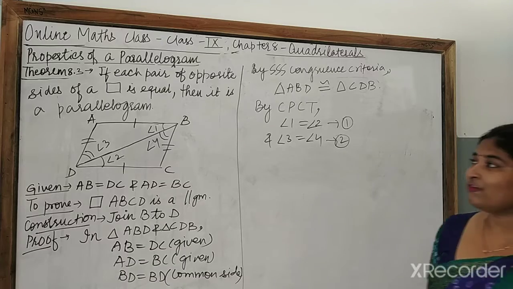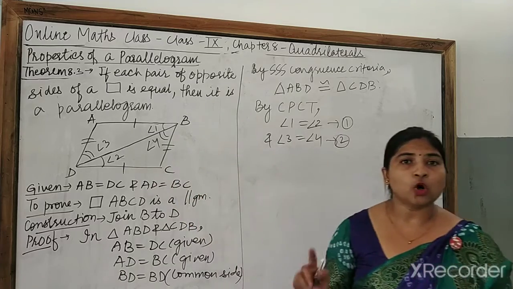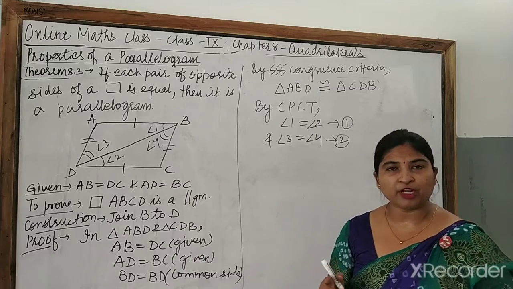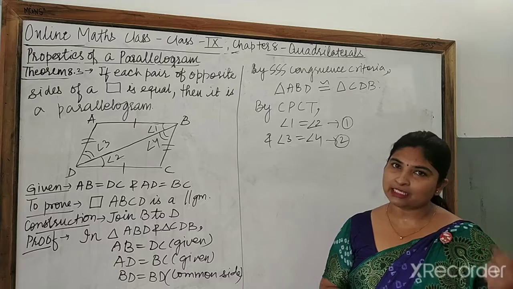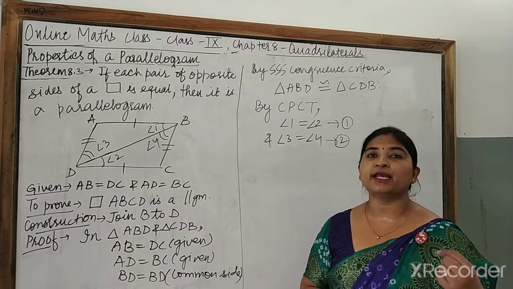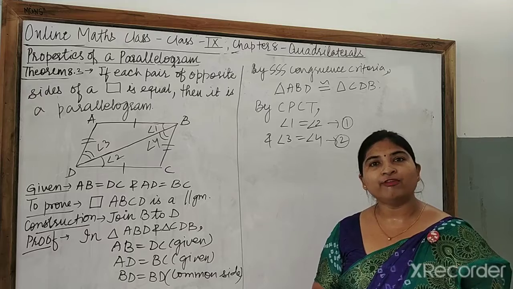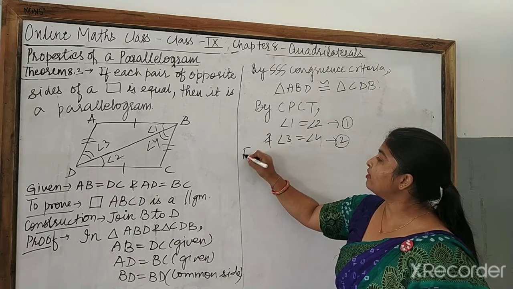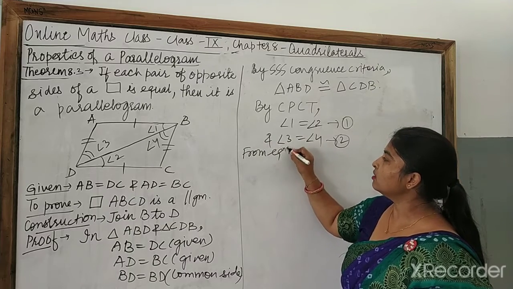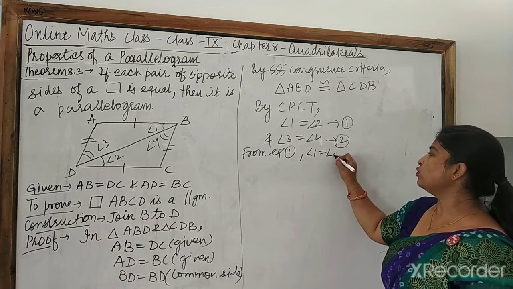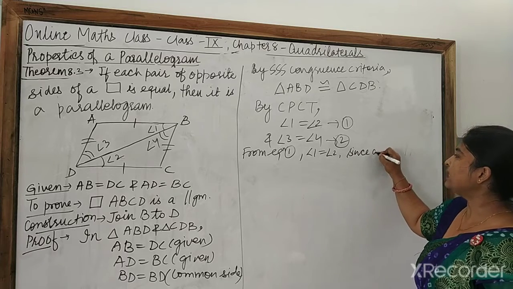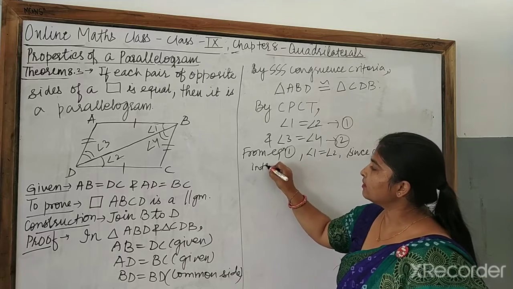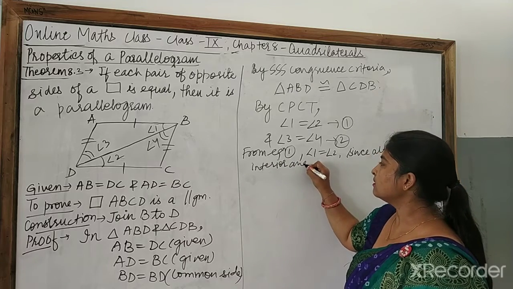Now can you see that angle 1 and angle 2 are equal? So alternate interior angles are equal actually. So we know the property of parallel lines, we know that if lines are parallel, then alternate interior angles are equal. And if alternate interior angles are equal, then lines are parallel. So from equation 1, angle 1 equal to angle 2, since alternate interior angles are equal, AB is parallel to CD.